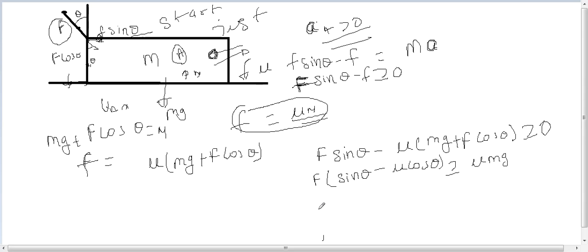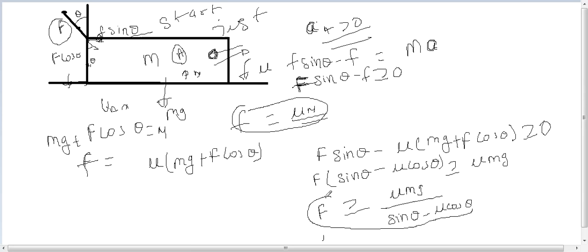So F must be greater than or equal to mu mg divided by (sin theta minus mu cos theta).